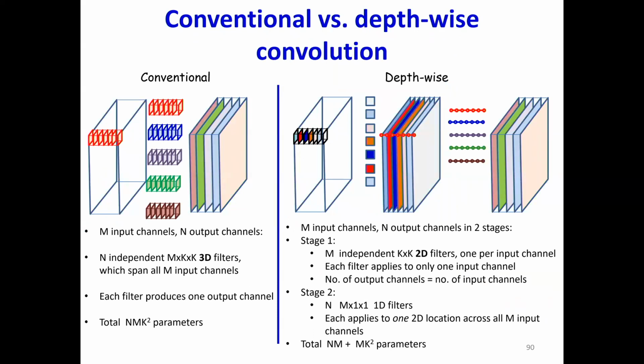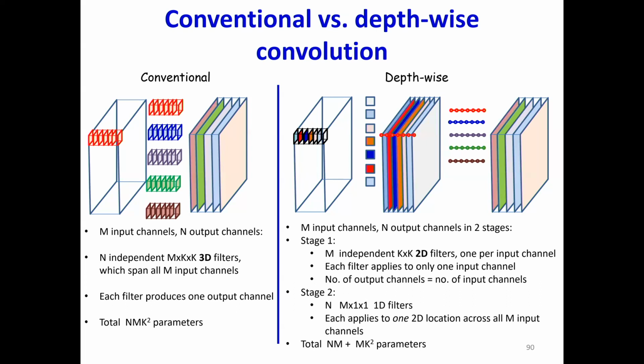So to compare, that's your standard convolution. If I had m input channels, and if I had n output channels, how many filters would I have? n also, right? And let's say each filter was k cross k. Then each filter is going to have m times k cross k parameters, right? And if I have n of these, I'm going to have n times m times k squared parameters in all.